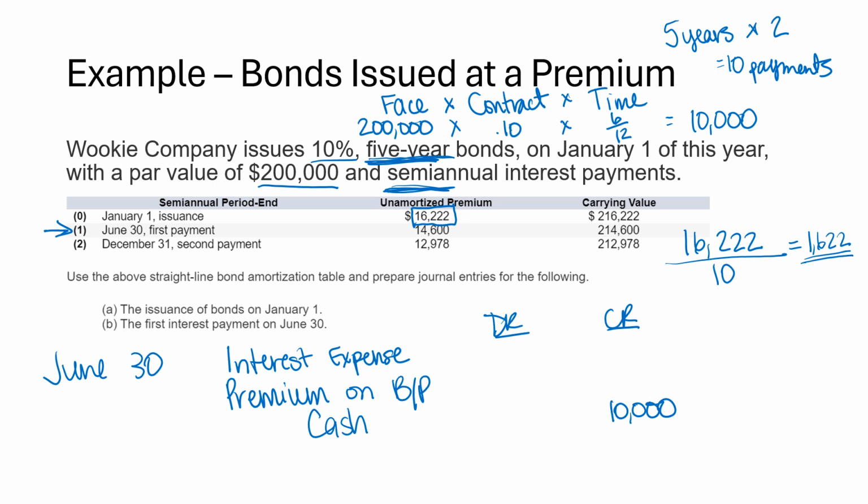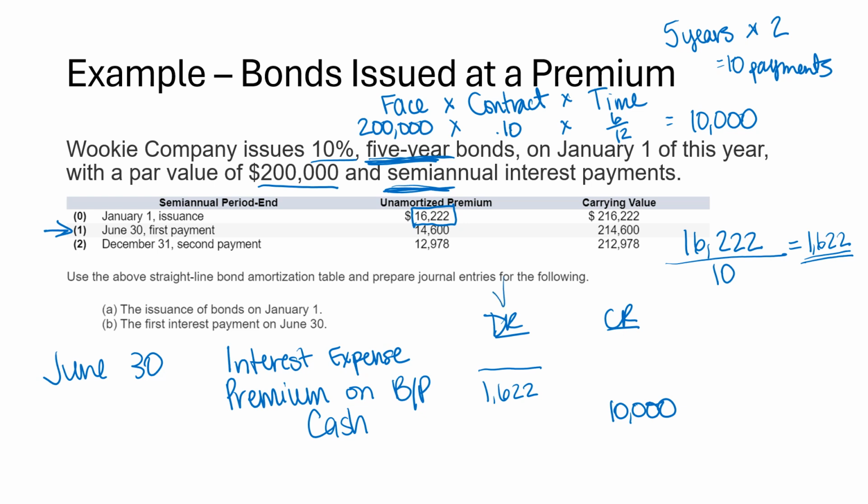So look at our journal entry. We see that premium on bonds payable will be debited, and that amount is $1,622. To figure out the debit for interest expense, we look at what we're missing here. Our credit is $10,000.